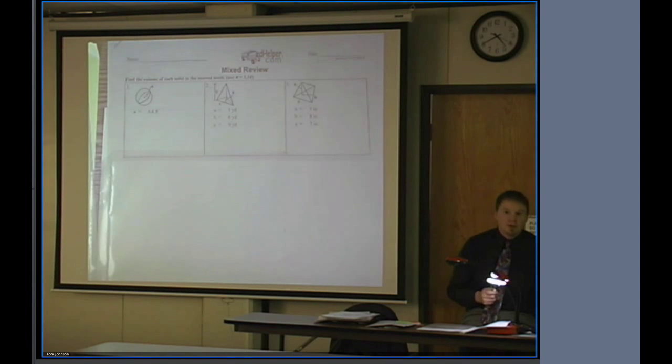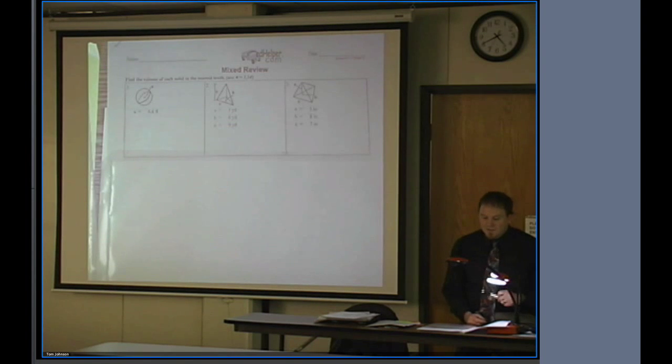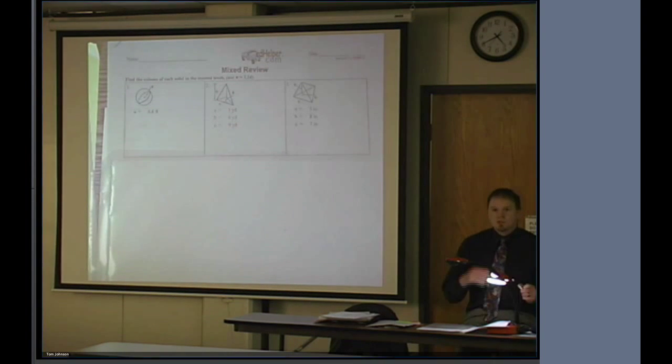Don't hit the pi button on your calculator. If it doesn't tell you to use 3.14, use pi on your calculator. And you notice it also says find the volume of each solid to the nearest tenth, so we're going to round to the nearest tenth.